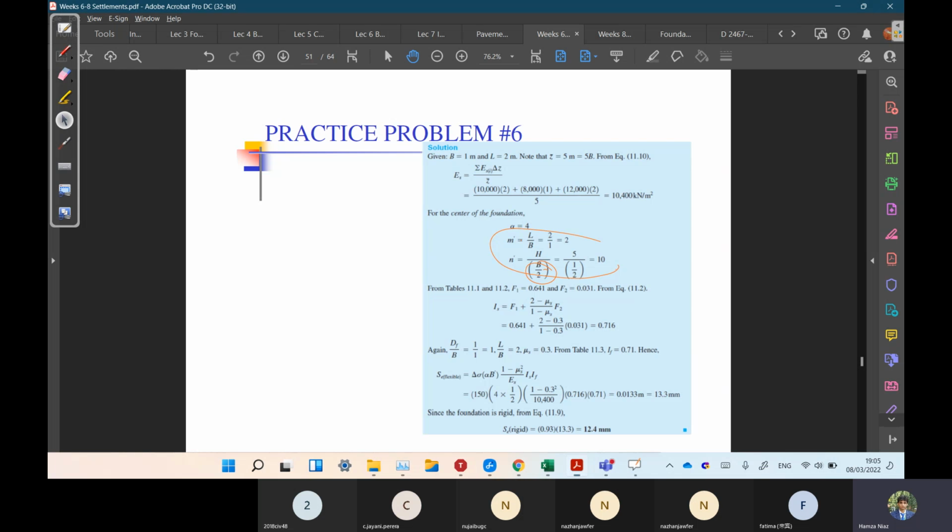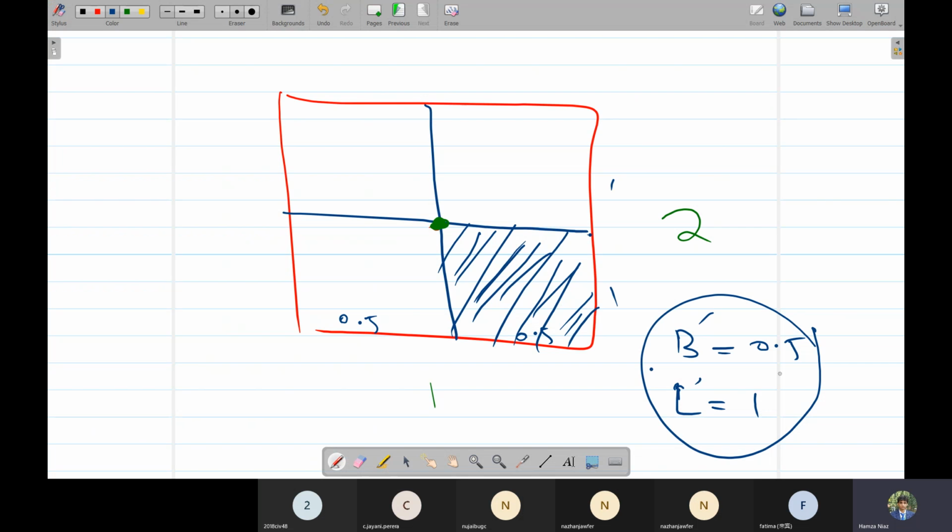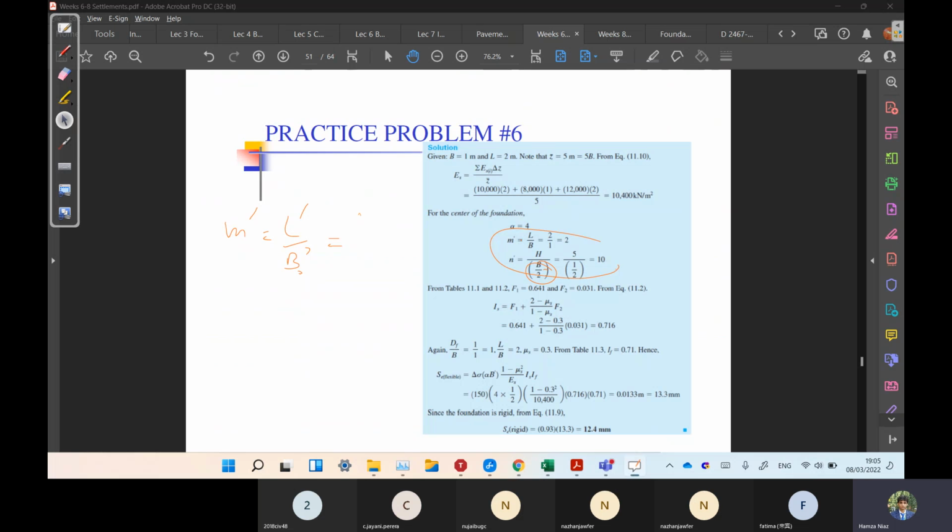And actually M dash would also have been L dash over B dash, but because it is also divided into two parts, those two cancel actually. So if we do this, that would be like 1 over 0.5. So it's again 2. That's fine. So H over B bar, that's 10.